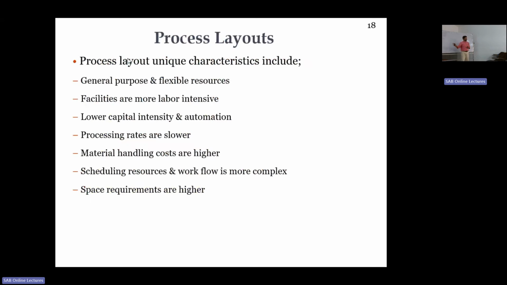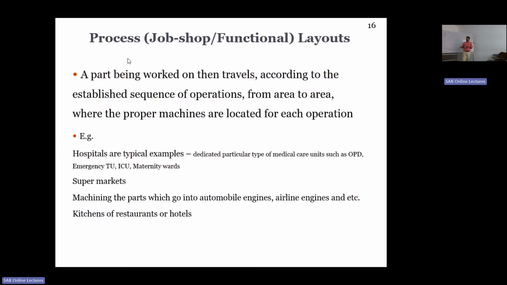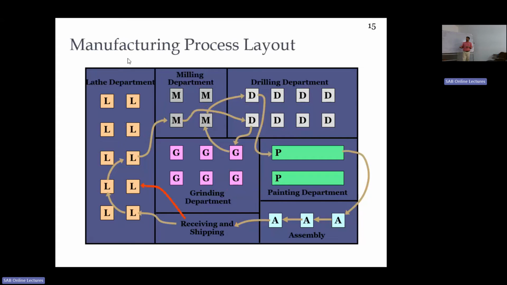When the layout is arranged like this, material handling cost is high. Why is that? You can compare it with other layout types when we discuss them next week. Why is the material handling cost high here? Like what you see here, right?